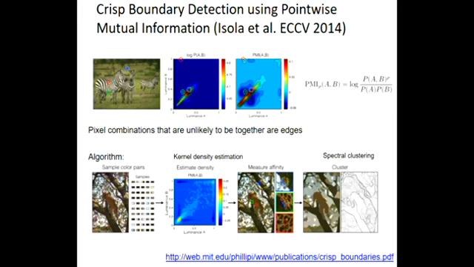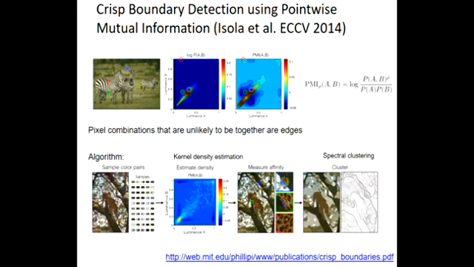And then they do spectral clustering, which is just a way of trying to separate pixels that are not similar to each other or that have low affinity. So it's graph-based. You can think of these similarities as you can construct a graph where the nodes are pixels and you have edges between pairs of pixels that says how similar they are. As I said, we'll get into spectral clustering later. That's not the point right now.